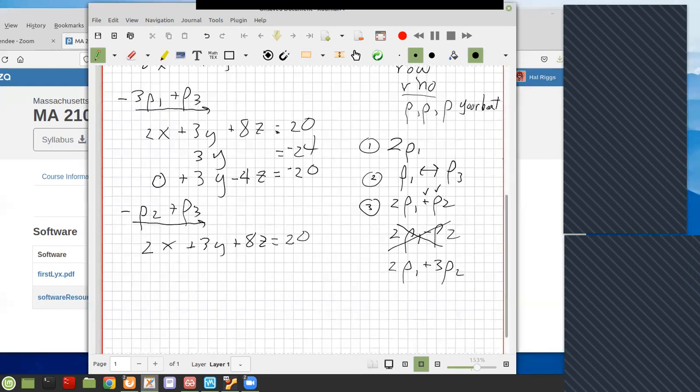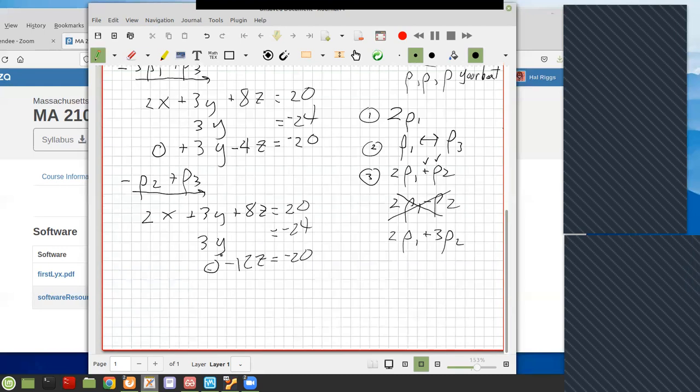So we have the first row written, the second row written, and then we add minus this row to this. This one cancels off that, so we get a 0 there. And then we have -8 plus -4 is -12z equals -20.